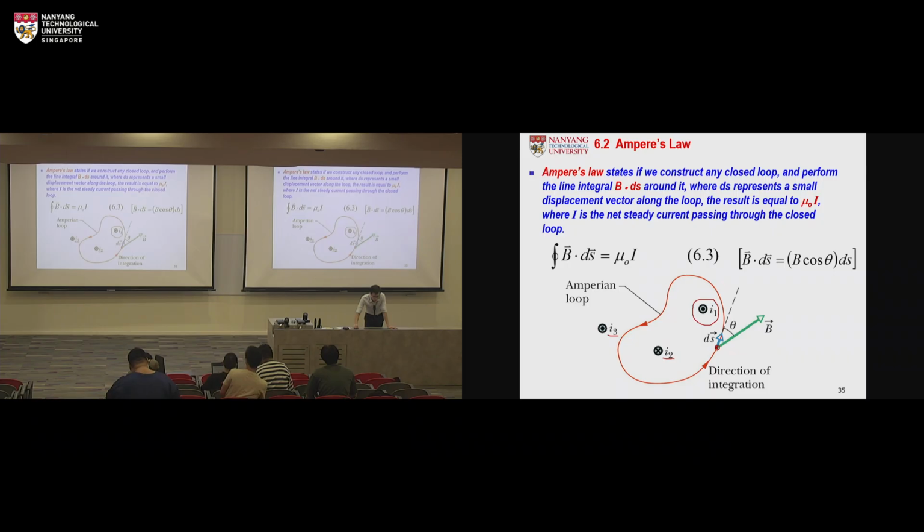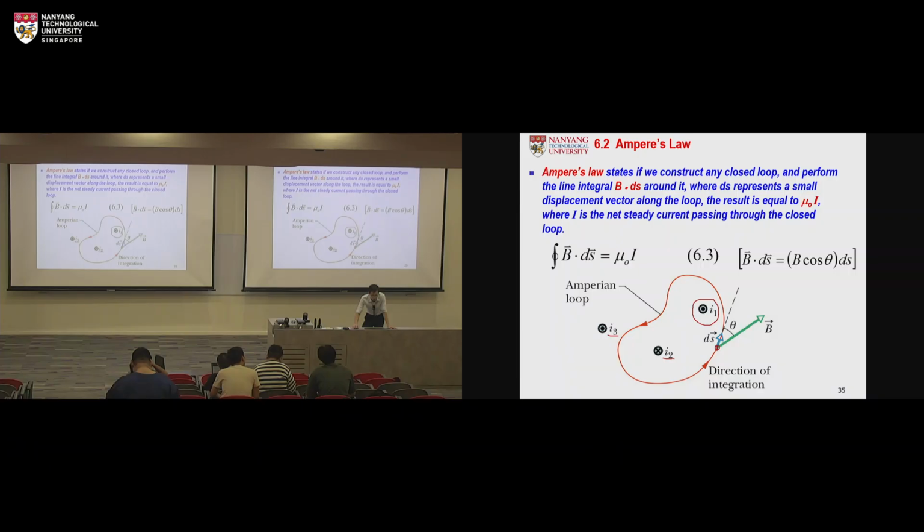Of course, if you only want to figure out B at this point due to I1 and I2, then all you need to do is construct a loop which only includes I1 and I2, only I1 and I2.